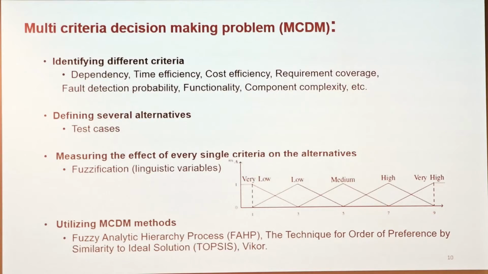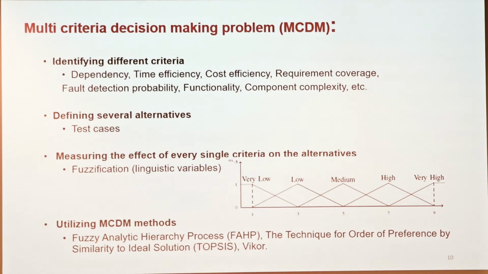Cost efficiency is another factor, and there is a direct relationship between cost efficiency and time efficiency. Requirement coverage: how many requirements are you able to cover by executing just one test case? Fault failure probability: what is the probability of detecting a fault in the system by executing one test case?